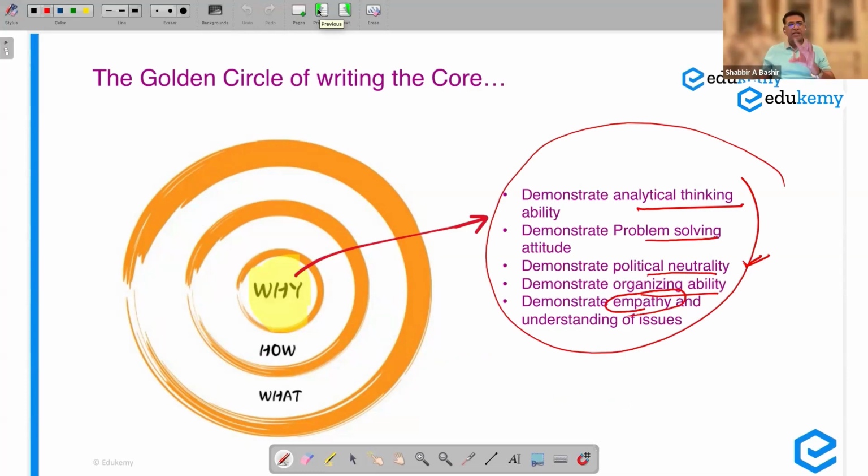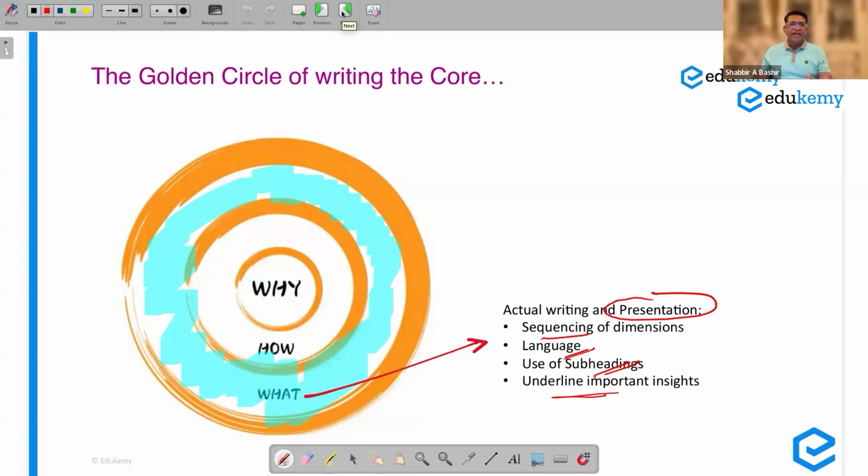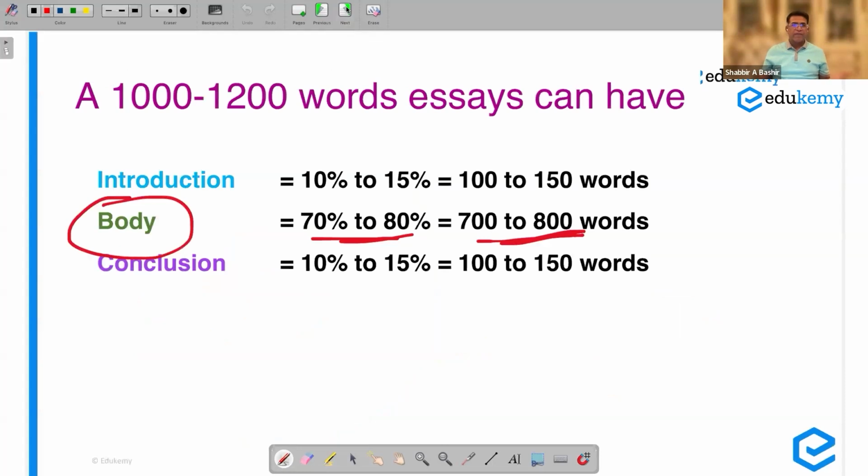The why is that the body must demonstrate your personality. The body must demonstrate your ability of thinking and problem solving. And you must present that in a certain way: a logical flow of ideas, decent language, use subheadings so that your ideas are clearly established, and underline whatever important insights you have.